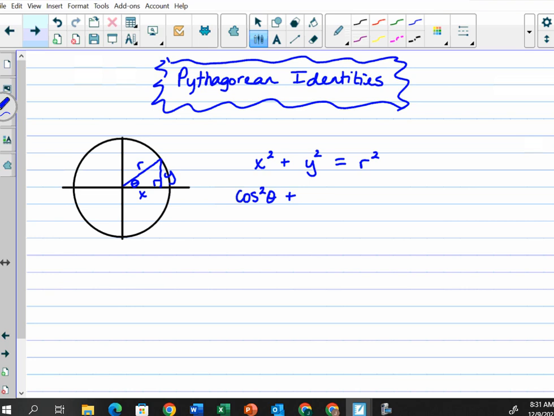What is the y going to be? Sine. And what is r in our unit circle? 1. This right here is the most important Pythagorean identity for you to know. You must know that. You will see it all the time.